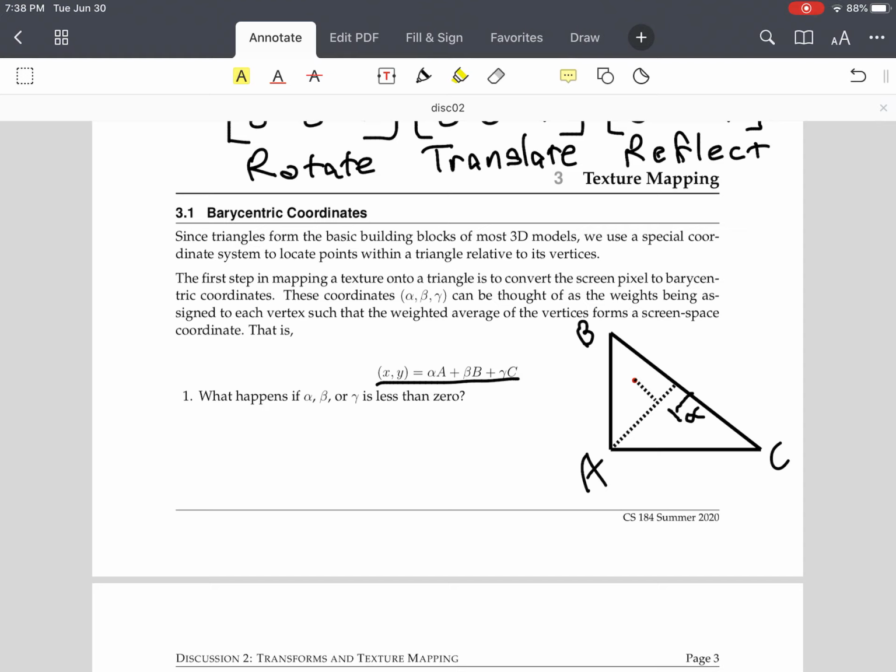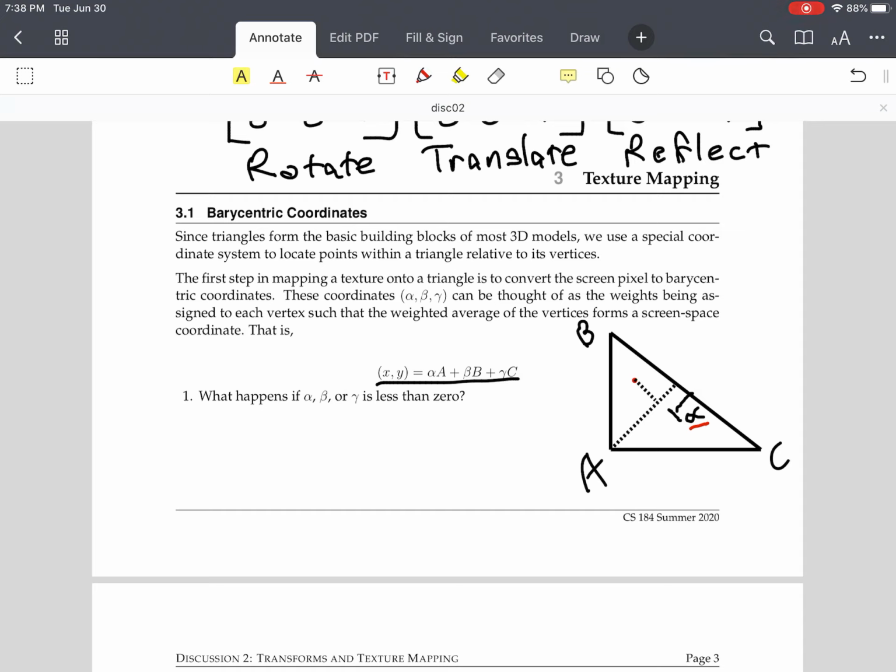And then what we do is we find how far along that line is this red point. And that is our alpha value, as I've labeled right here, which I can highlight. So right there, that's our alpha value. Okay, and then we do the same thing for B. We drop a perpendicular to the side opposite that. See how far the red dot is on that line. Same with C. And that's how we'll get alpha, beta, and gamma.